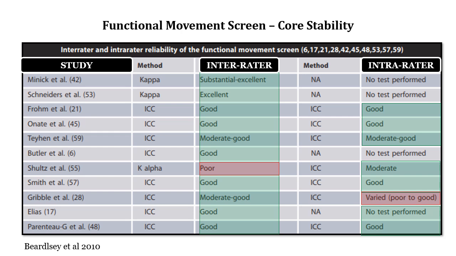There are a couple of studies there, as you can see, that have shown lower scores, but the predominance of the evidence suggests good reliability. It should be noted that it is recommended that you do several screens and familiarize yourself, where reliability of the practitioner really is established after 100 repetitions.